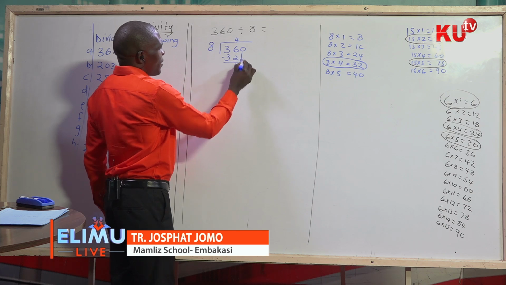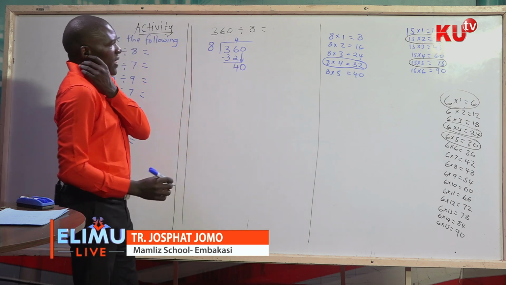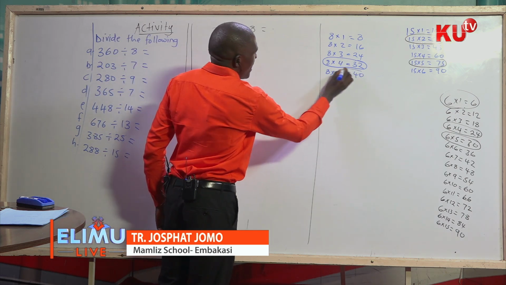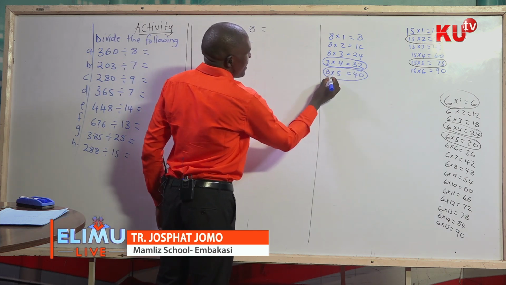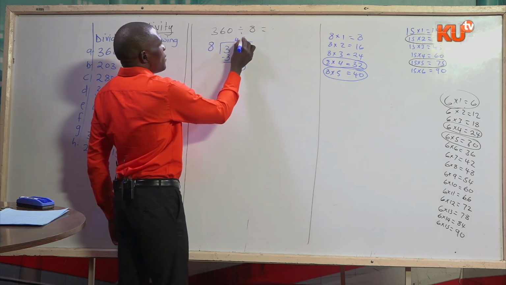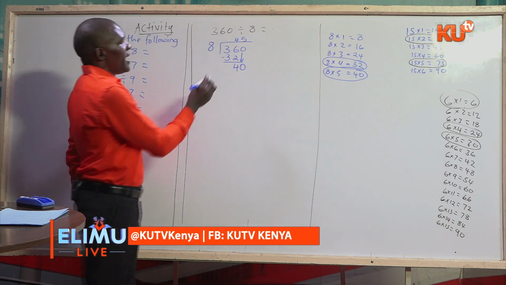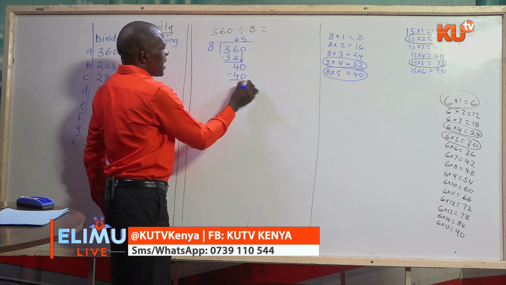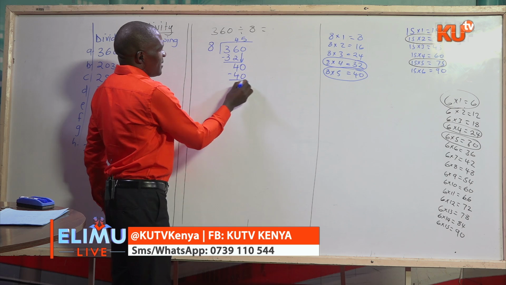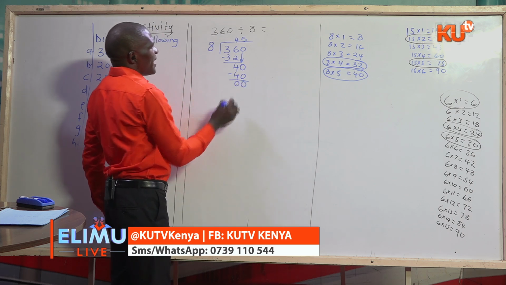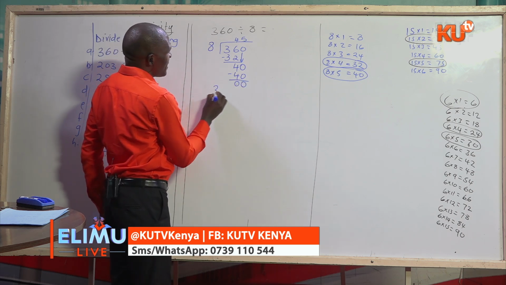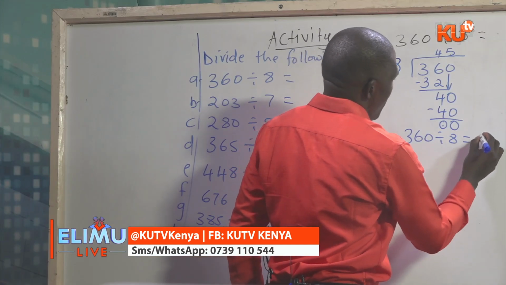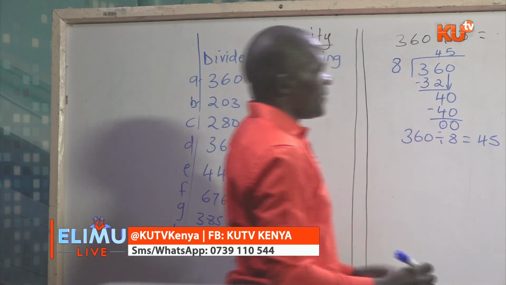Drop this 0 here. Then you move to table 8. Which number can you multiply by 8 to give you 40? That is 5. So you put 5 on top of 0. Then 5 times 8 gives you 40. As you subtract 40 minus 40, you will get 0. So when you divide 360 by 8, it will give you 45. That is the first sum.